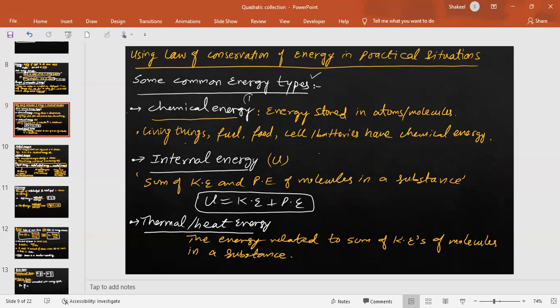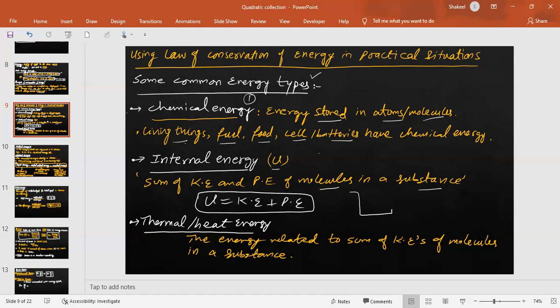The first one is chemical energy. Well, chemical energy is the energy stored in atoms or molecules. For example, living things, humans, animals, plants, fuel, food, cells, and batteries have chemical energy in them. Internal energy is denoted by U. It is the sum of kinetic energy and potential energy of molecules in a substance.